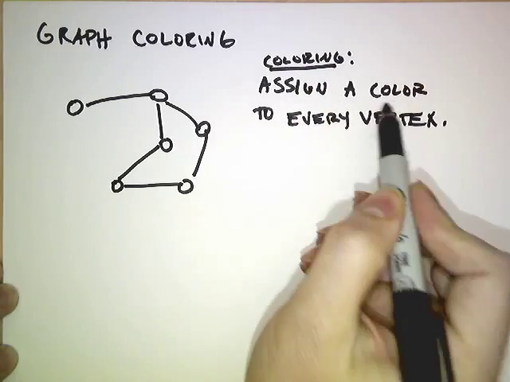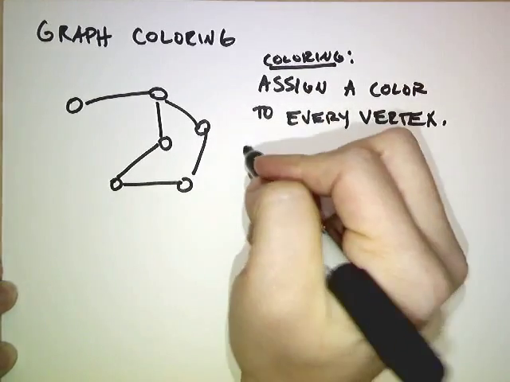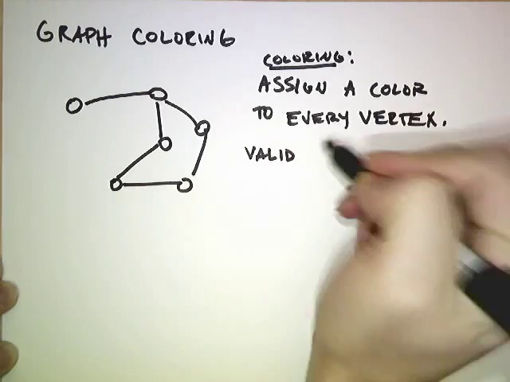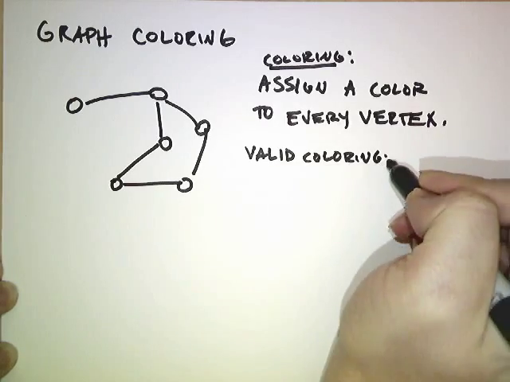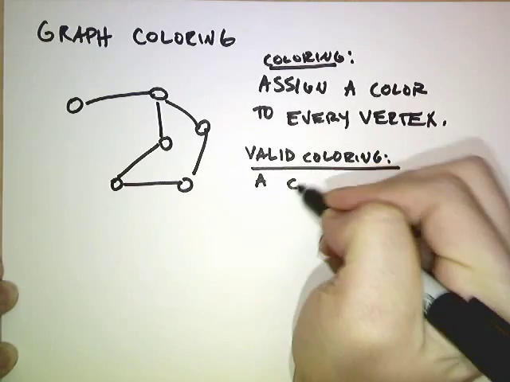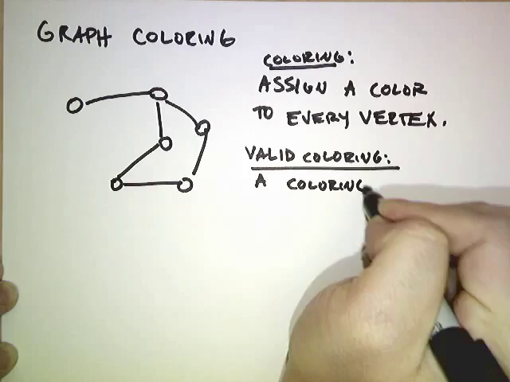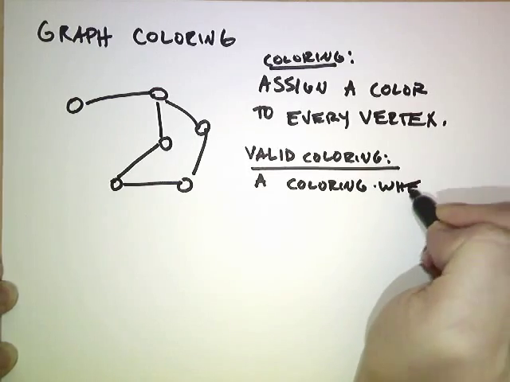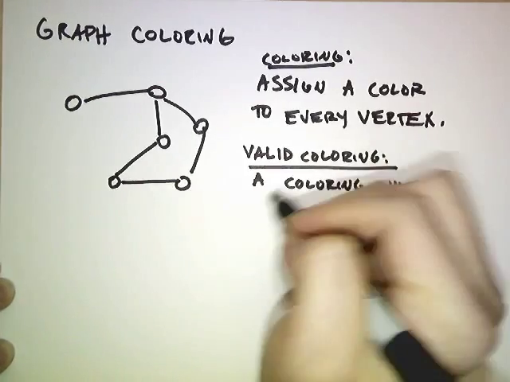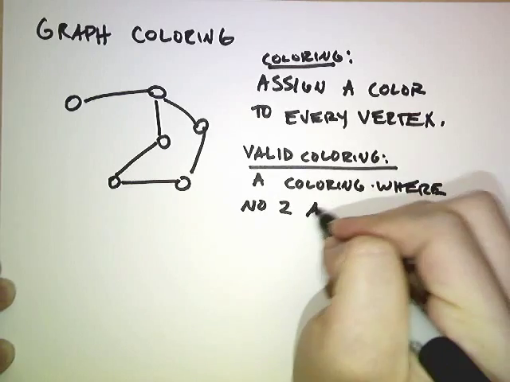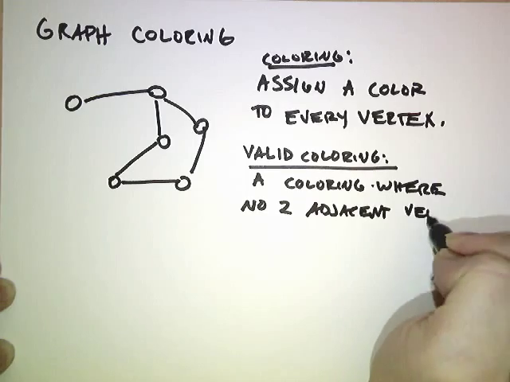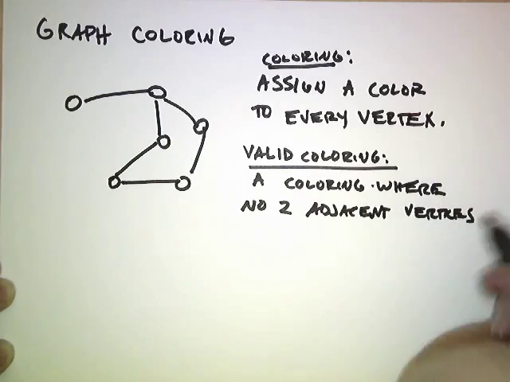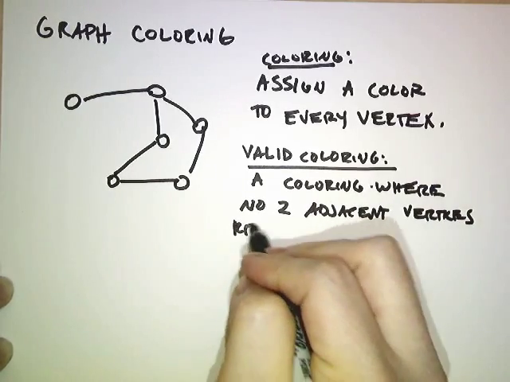So it's just an assignment of a color to every vertex. Now a valid coloring is a coloring where no two adjacent vertices receive the same color.